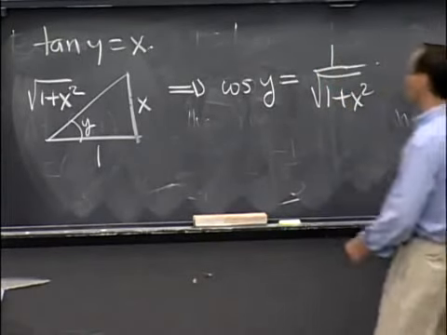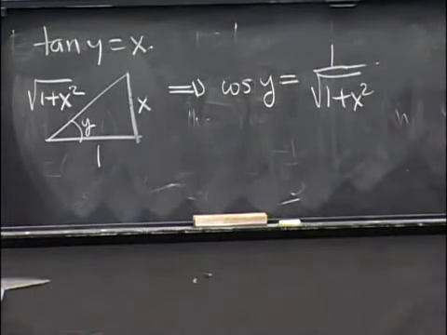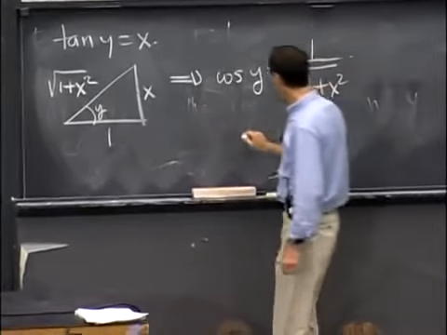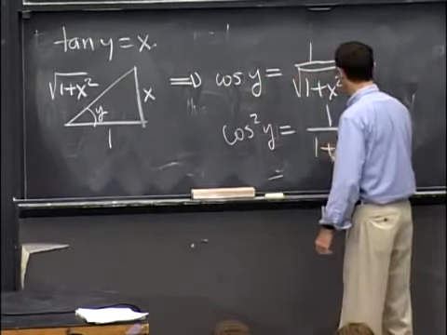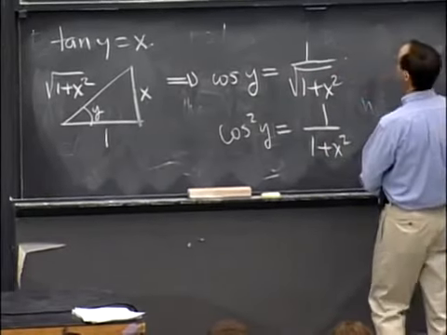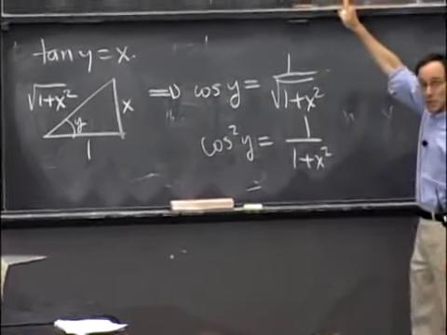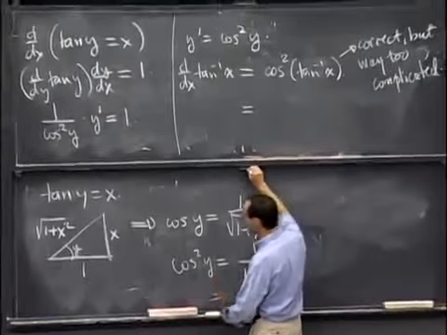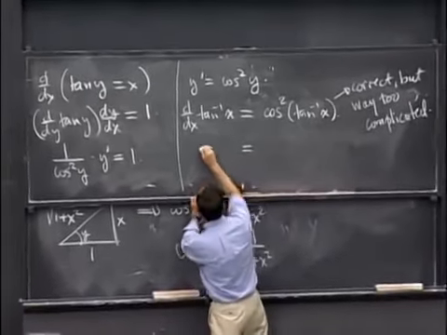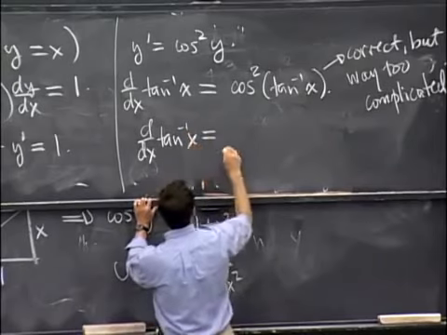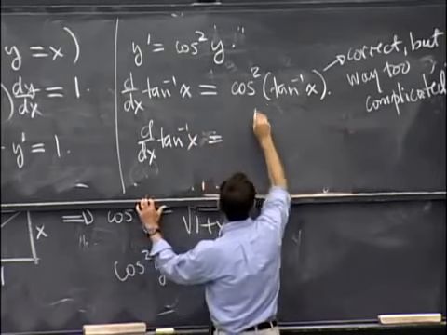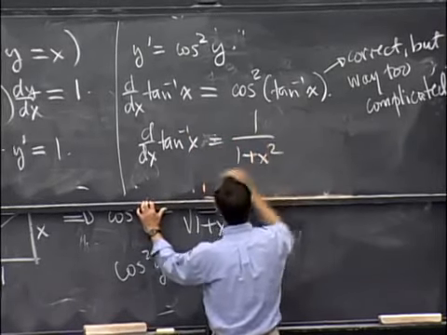That's it. Okay? And so cosine squared is just 1 over 1 plus x squared. And so our answer over here, the preferred answer, which is way simpler than what I wrote up there, is that d by dx of tan inverse x is equal to 1 over 1 plus x squared.